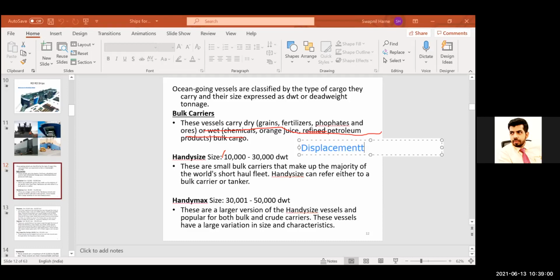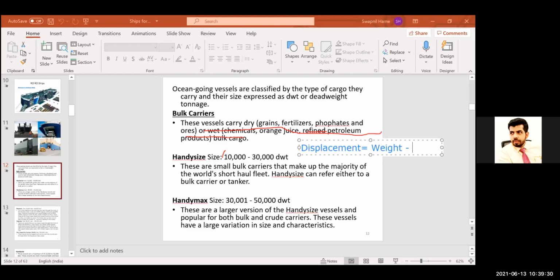As I said, it's the entire weight of a ship, which has first the hull weight. So whatever plating, steel plates and everything used in construction, the weight of it. Second, obviously ships are designed to carry cargo, so the weight of the cargo.